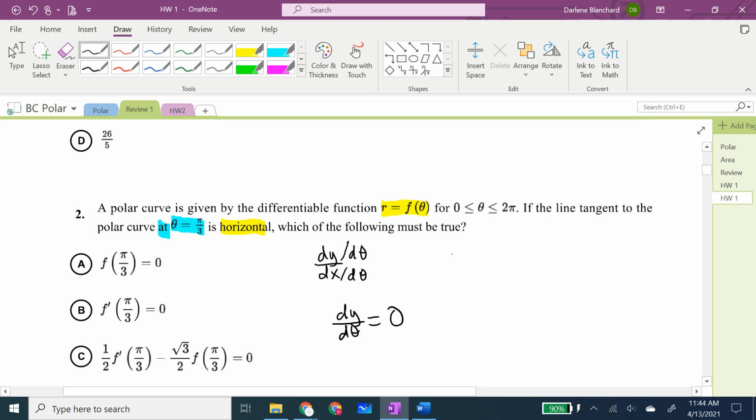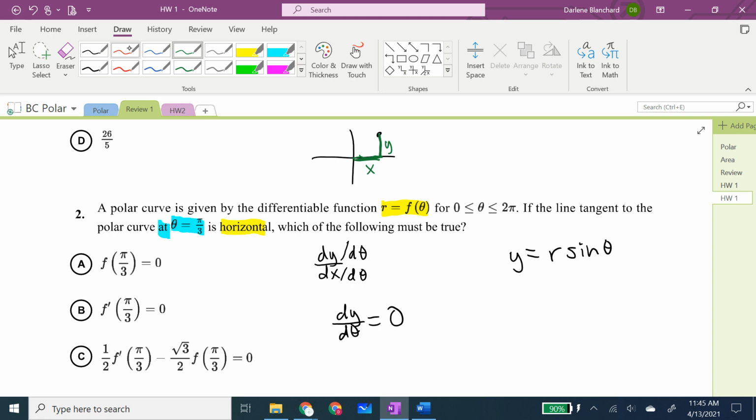Now, in order to get dy d theta, I have to first remember what is y in terms of theta. Do you guys remember off the top of your head? And if you don't remember, draw the triangle. Here's an xy plane. Here's a point in quadrant 1. That point has an x and a y coordinate.